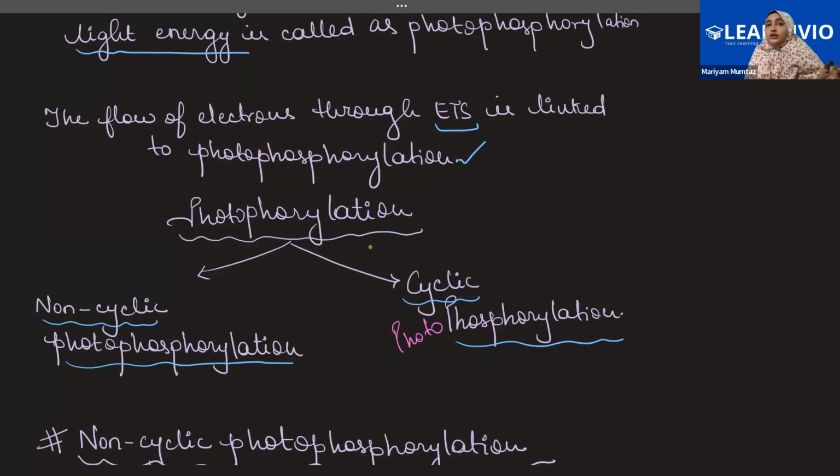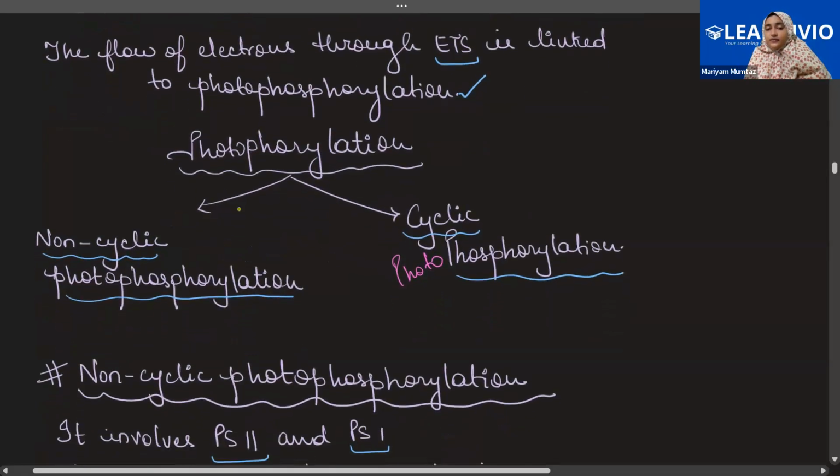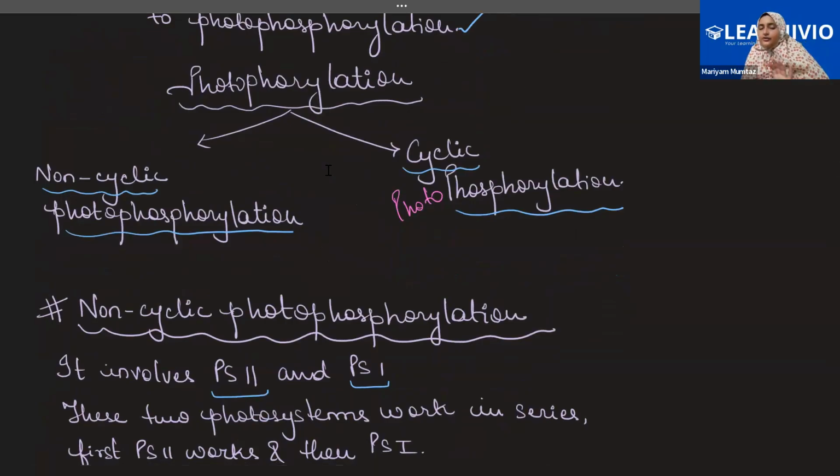Now, talking about the types of photophosphorylation. Photophosphorylation is of two types, non-cyclic and cyclic. Students, do you know what is the meaning of cyclic? It's not cycle. What is cyclic?